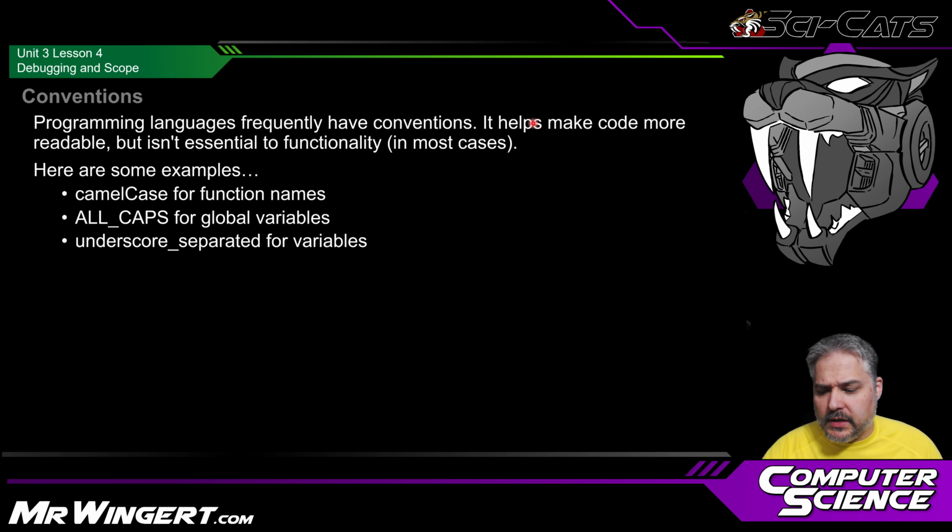So you notice I used the word convention earlier. What does that mean? A programming language frequently has conventions. It helps make code more readable, but isn't essential for functionality in most cases. So what that means is that we have these basic rules of thumb that make our code a lot easier for someone else to read.